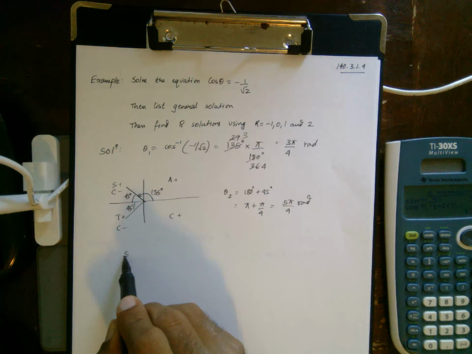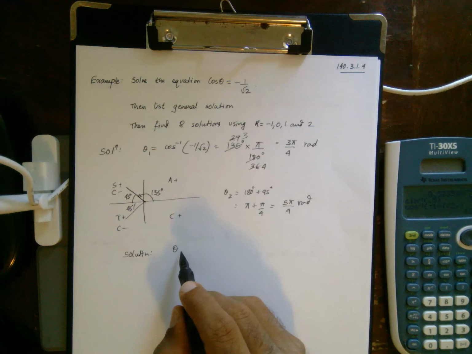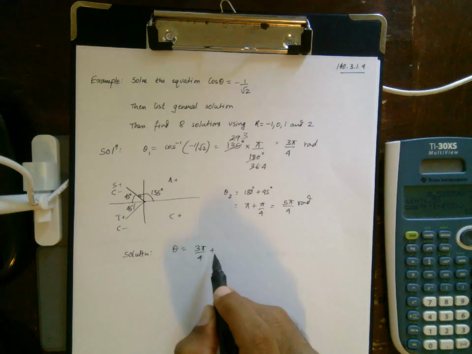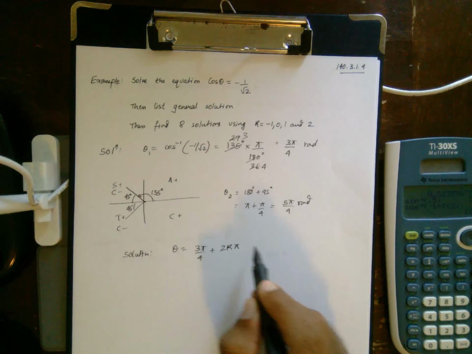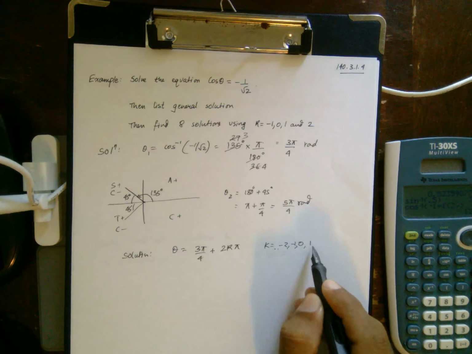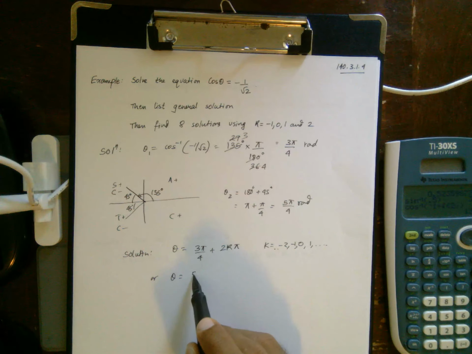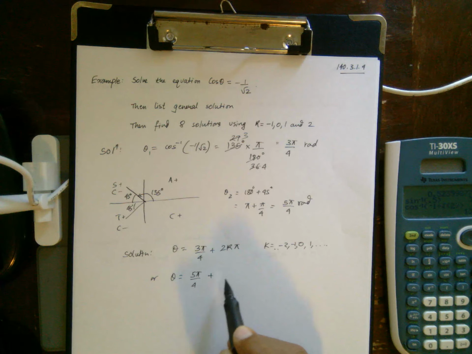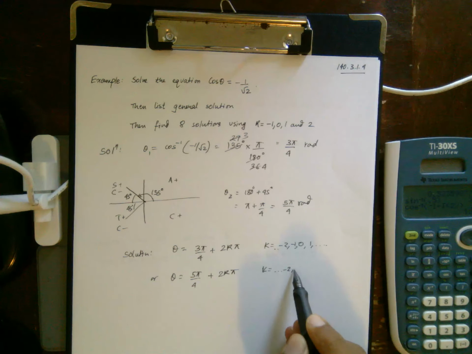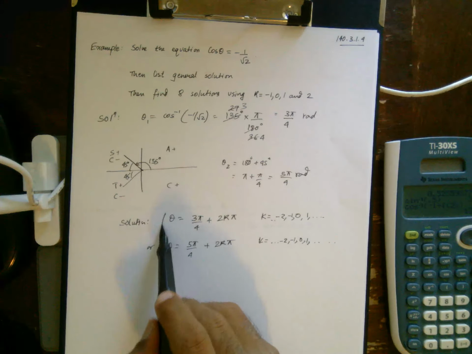So solution is going to be, let's call it theta can be 3 pi over 4 plus 2 times k times pi, where k is any integer, or theta can be 5 pi over 4 plus 2k pi, where k is once again any integer. So that is going to be my general solution.